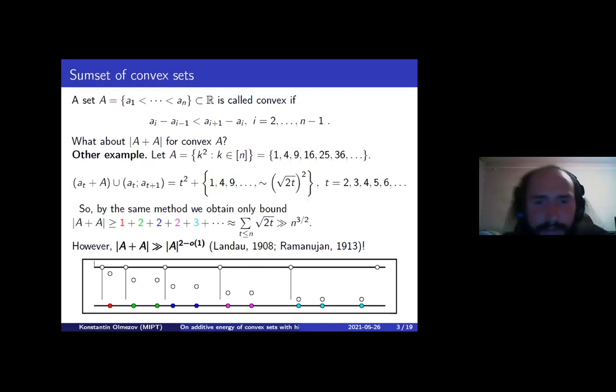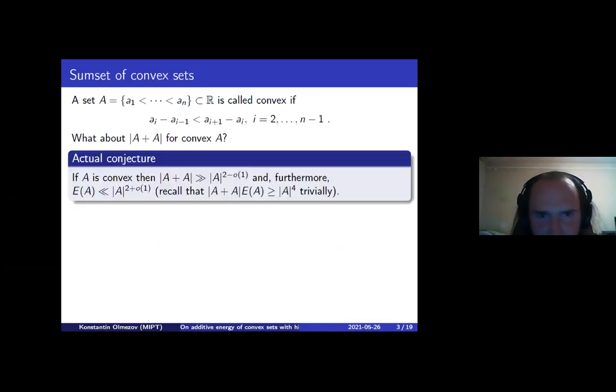So we have an interesting question. Is it really possible to generalize such a strong bound to all convex sets? And the actual conjecture asks about a bound of additive energy, of course.